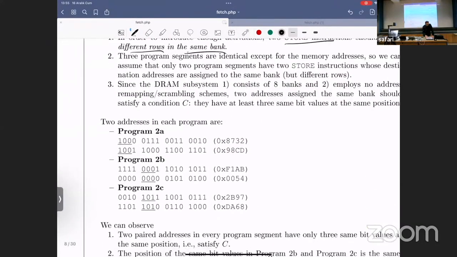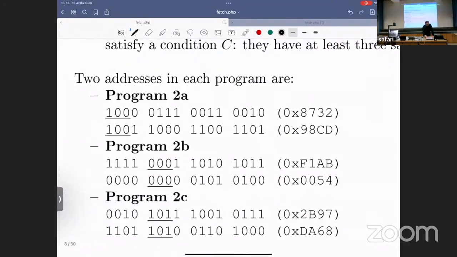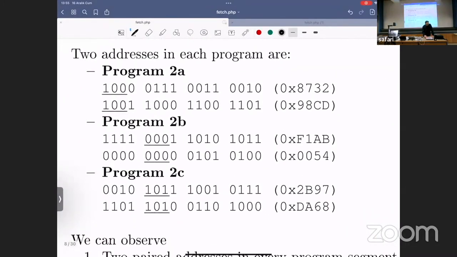Here, I'm just showing the solution because I don't want to take a lot of your time. This is the binary representation of these hexadecimal addresses next to them. If you check which bits are common and which bits are not common across these 2 addresses for each program, you see that these bits are common here, right?